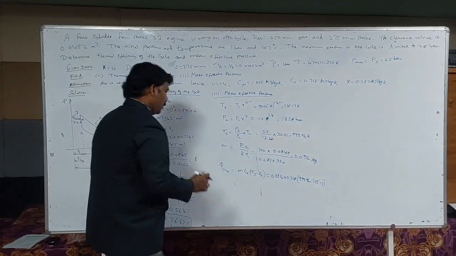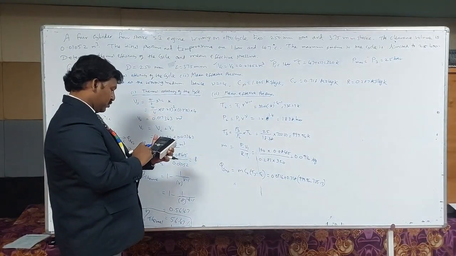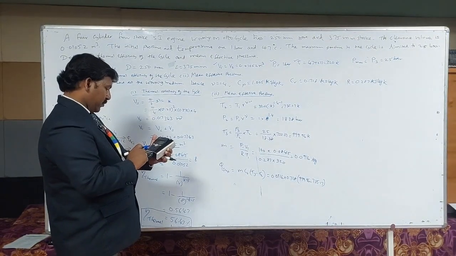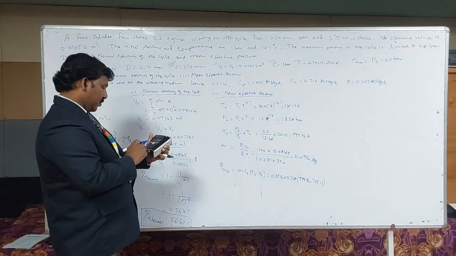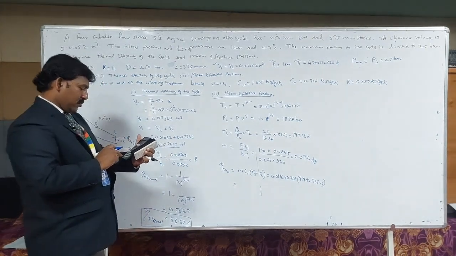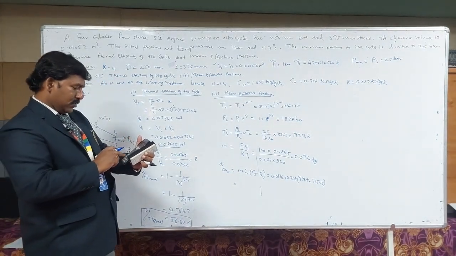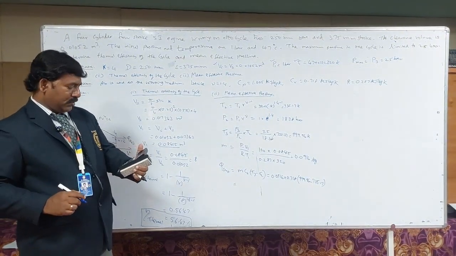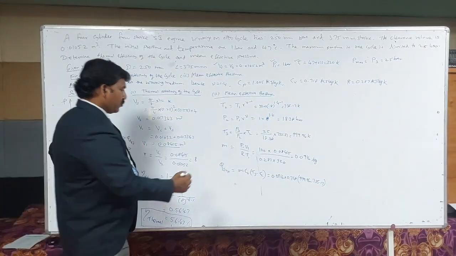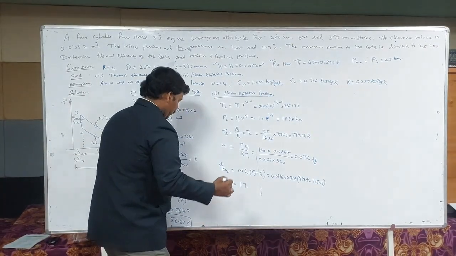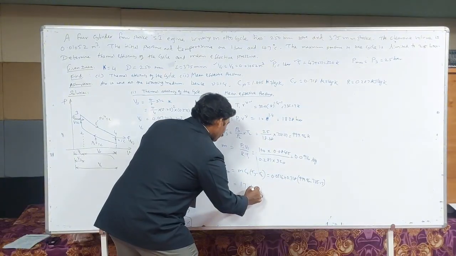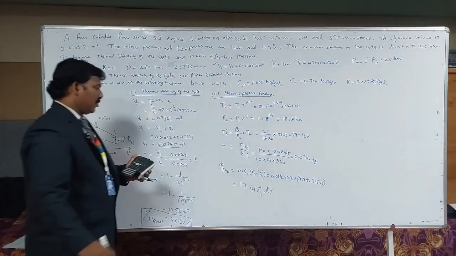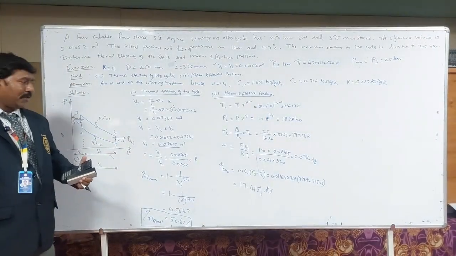So we get the heat supplied as 0.0916 into 0.718 into the difference between 999.96 minus 735.17. So I get 17.415 kilojoule. This is the amount of heat supplied.